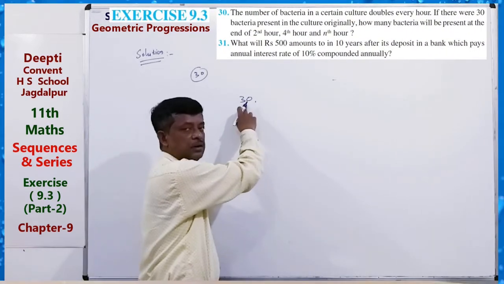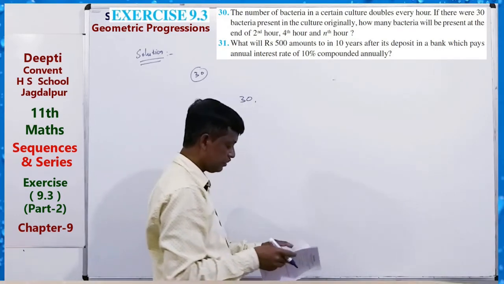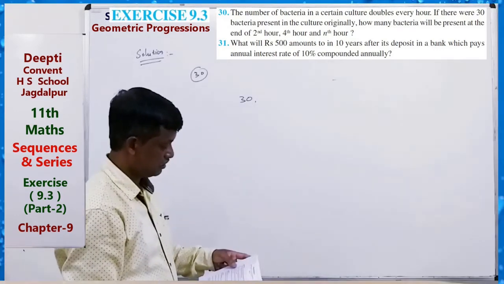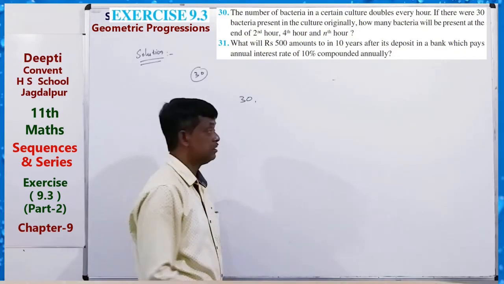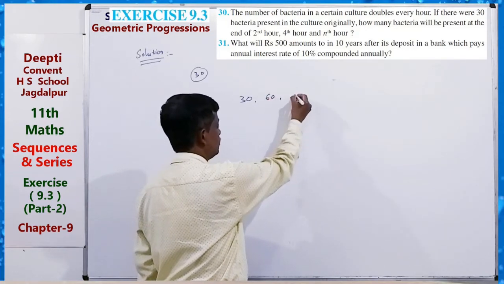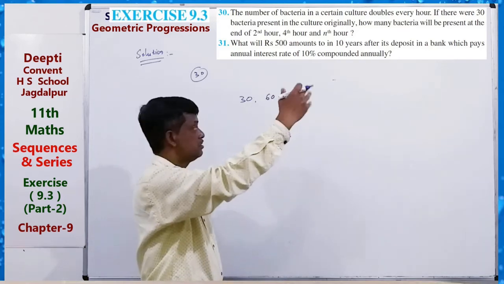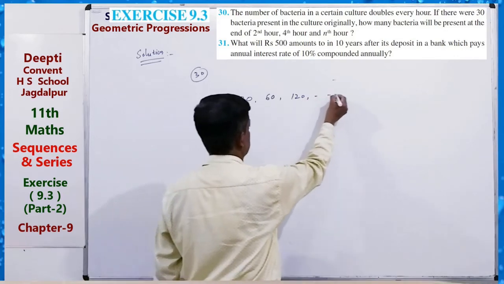So 30, R equals to what? Doubles. 30, then 60, then 120. Double 30, 60, 60, 120. So we can see that, just like this.